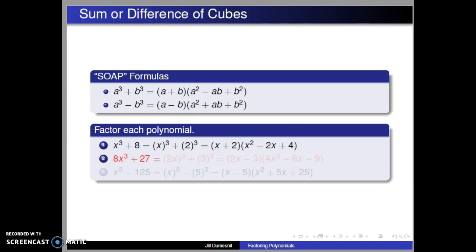To factor 8x cubed plus 27, we first notice that we have the sum of cubes with bases 2x and 3. So in one factor, we get the first base, same sign, the second base, and we get a trinomial factor of the form: the first base squared, 2x squared is 4x squared.